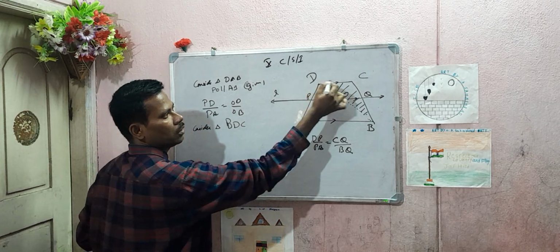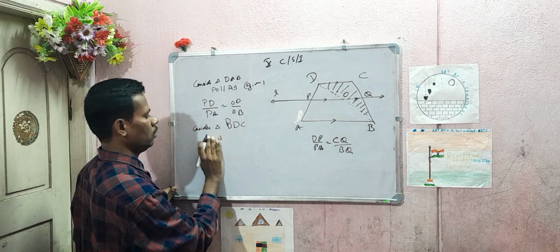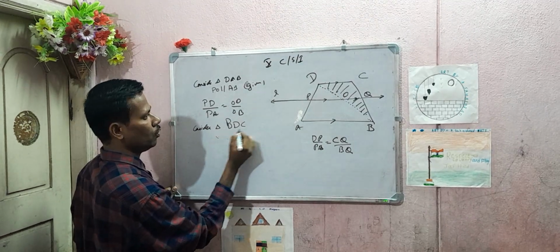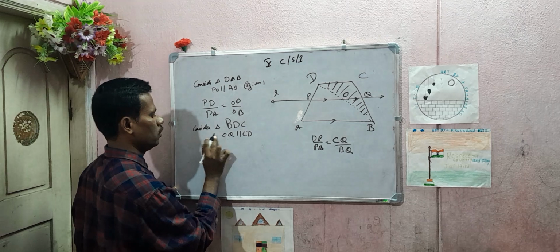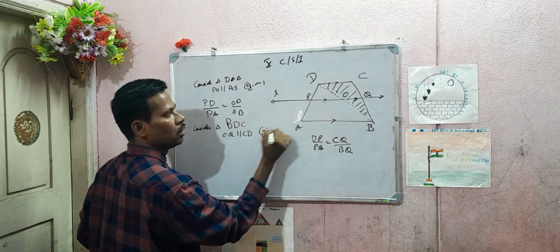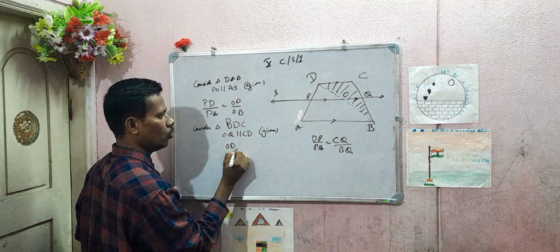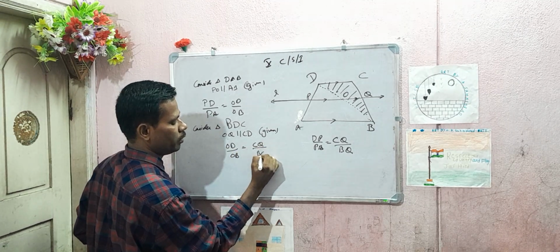What can you say? OD by OB. Next, you can write OQ is parallel to CD. This line is parallel to CD, already given. Now this is nothing but OD by OB is equal to CQ by DQ.